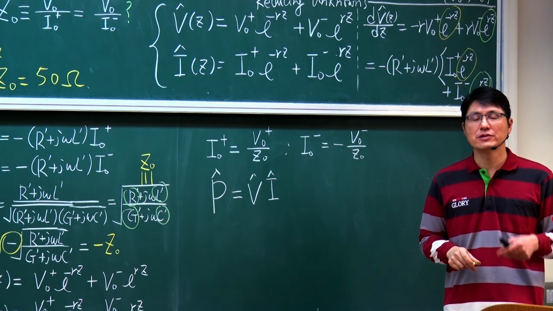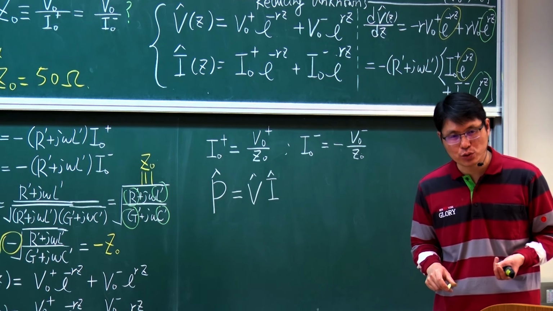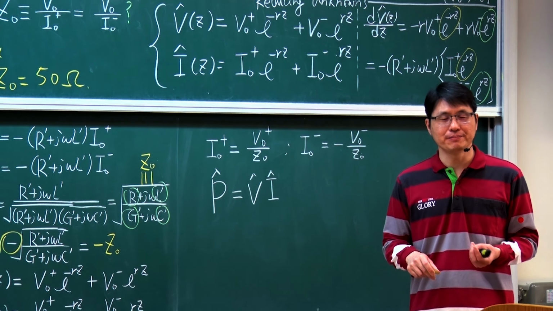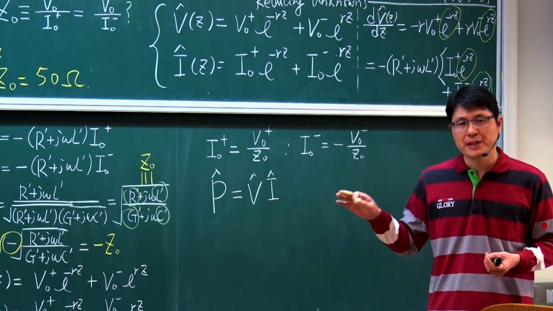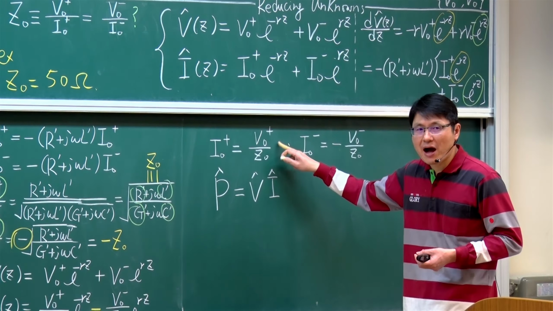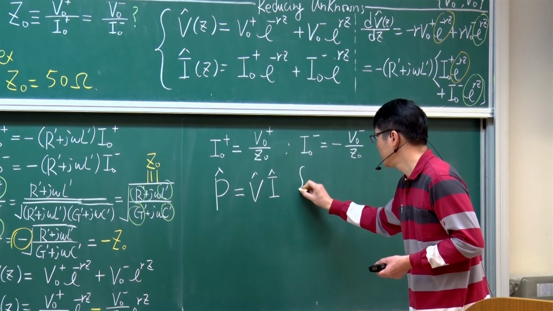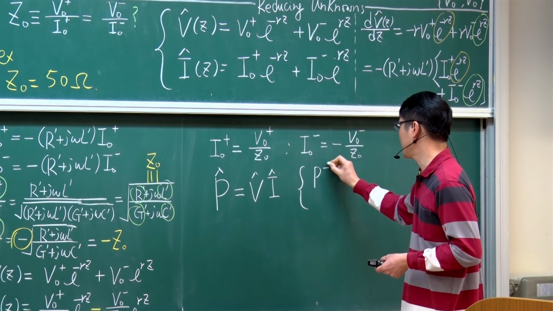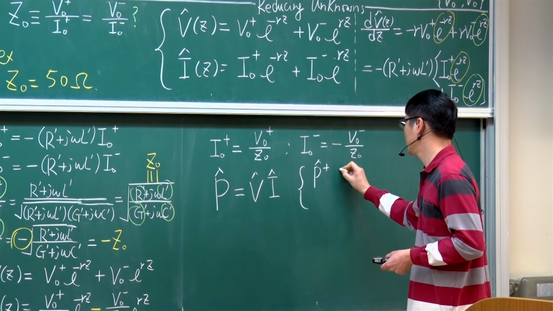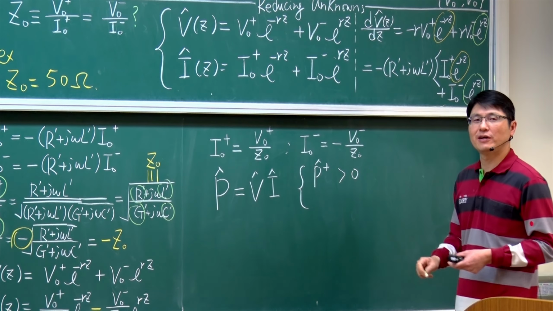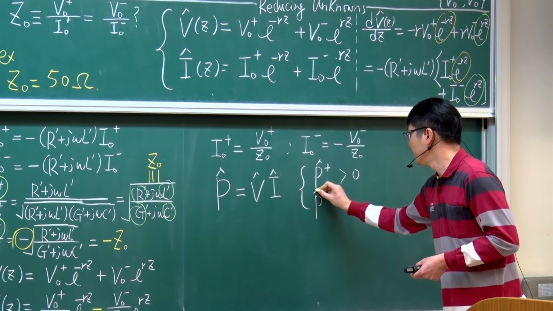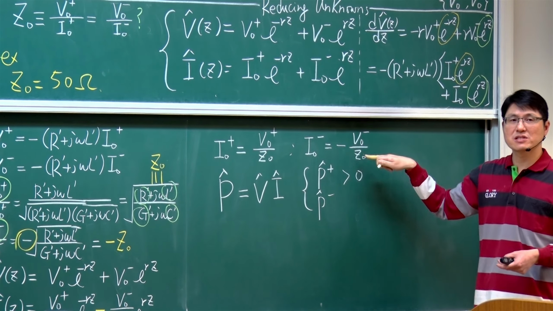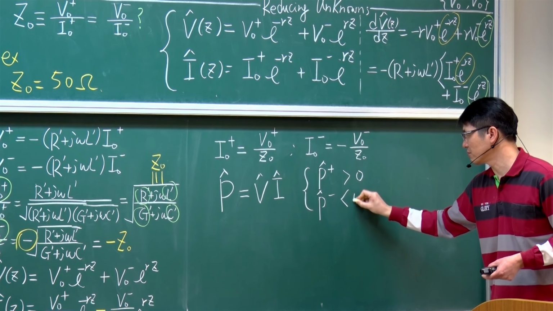Right? The things you learned in high school, but you forgot. P equals V times I. So for the positive wave, P is positive. P negative, under this definition, is negative.